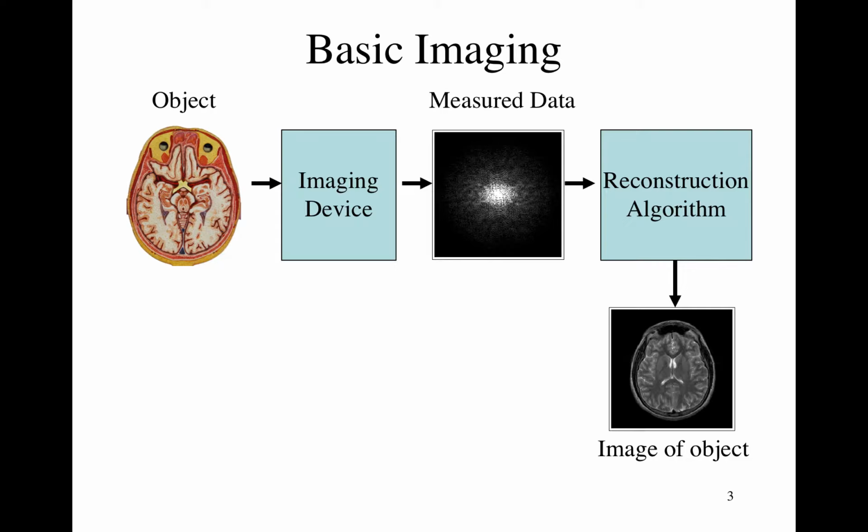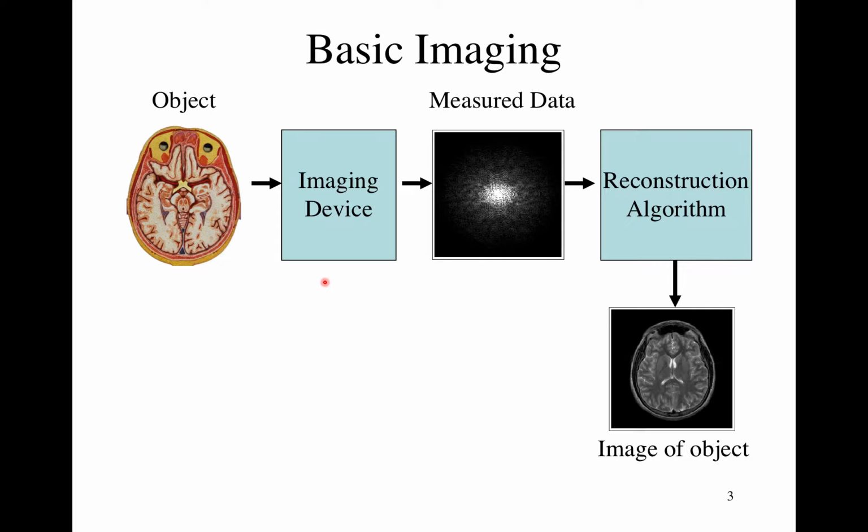So the basic setup is you have an object. In this case, let's say the true object is a person's head. And this cartoon is basically showing us what that true object is. Our imaging device measures something about that true object.